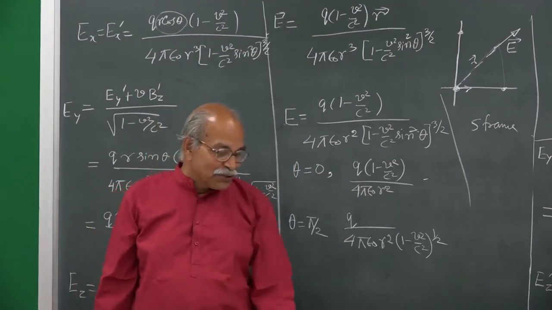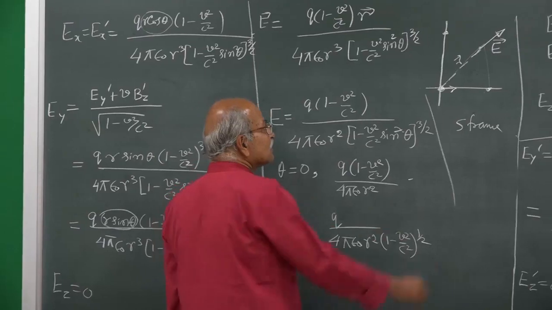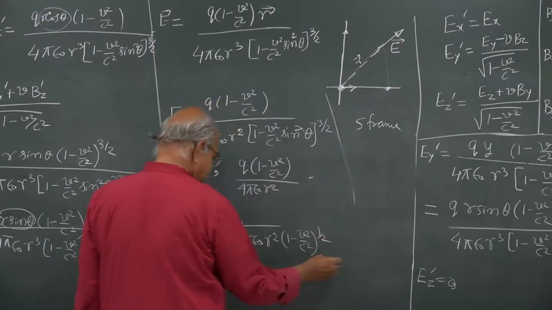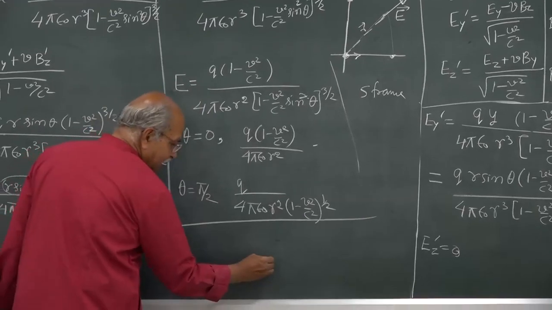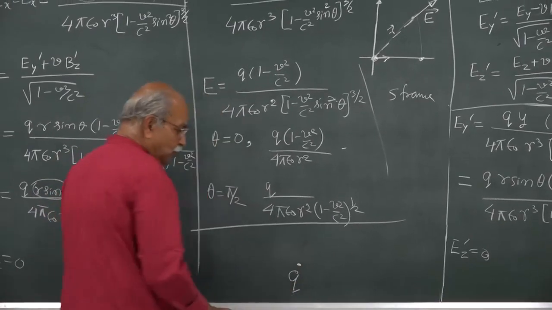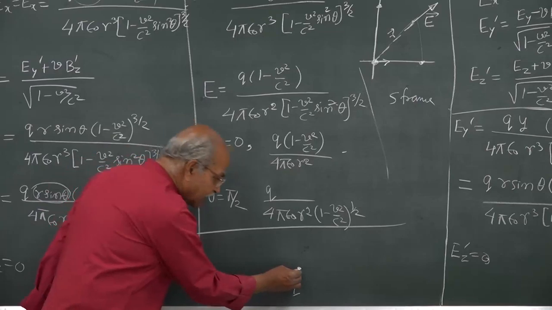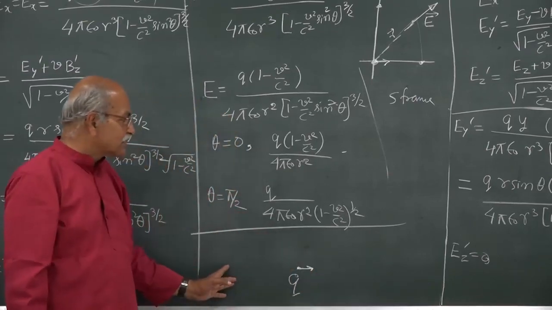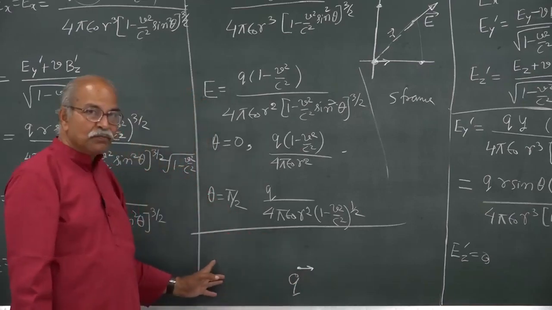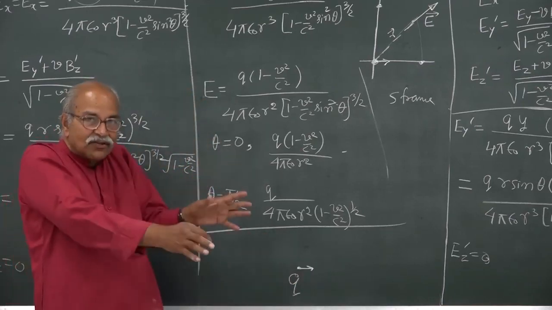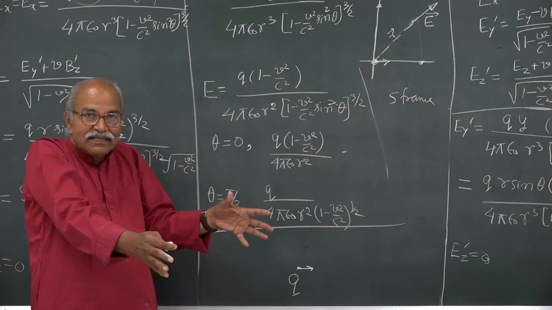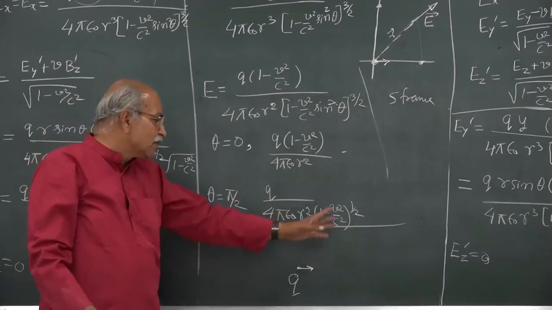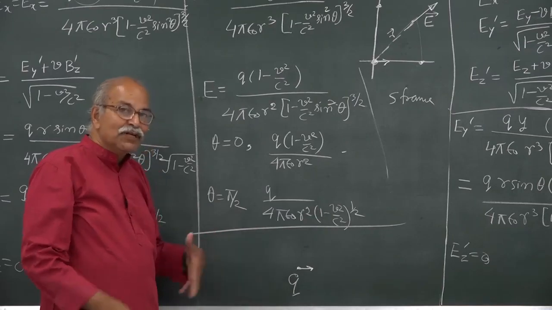So, if you draw field lines, what will it look like? If the charge is say here, and you want to draw field lines, this charge is going in this direction. So, in the forward direction or backward direction, theta equal to 0 or theta equal to pi, in that vicinity the field will be lowest, and as theta increases, as you are going this side, the field will increase.